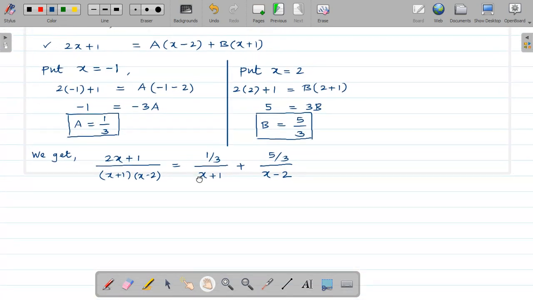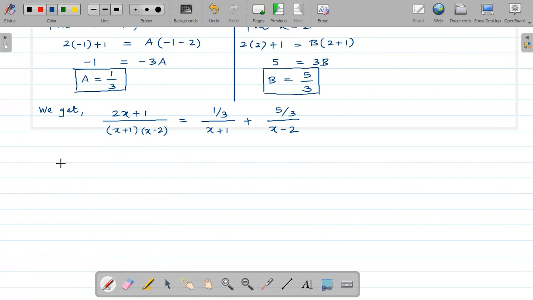Now the original integration that we are going to evaluate is converted as, so we will evaluate integration I is equal to integration of 1 upon 3 upon x plus 1 plus 5 by 3 upon x minus 2.